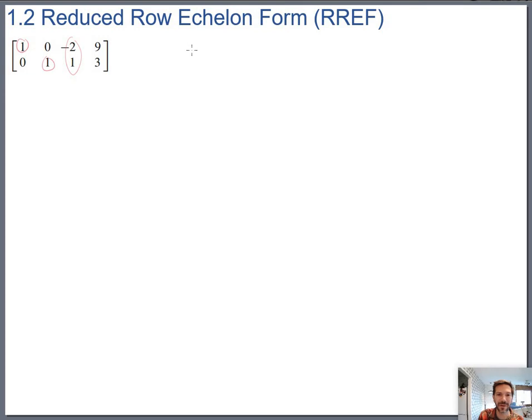So the first row, and again, this isn't fully in RREF form, but let's work with it anyway. Let's say that x1 minus 2x3 equals 9. And the next one says x2 plus x3 equals 3.